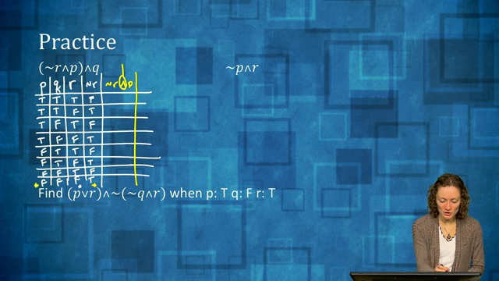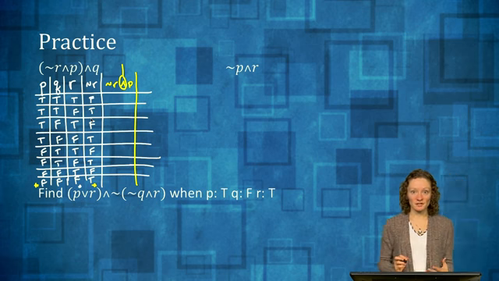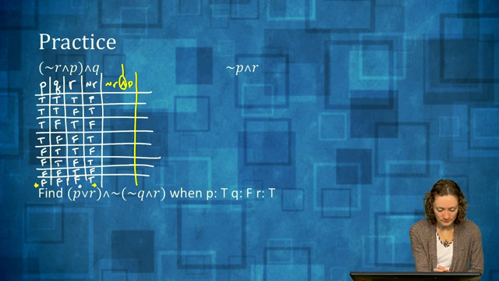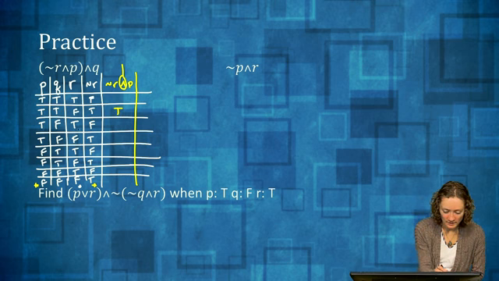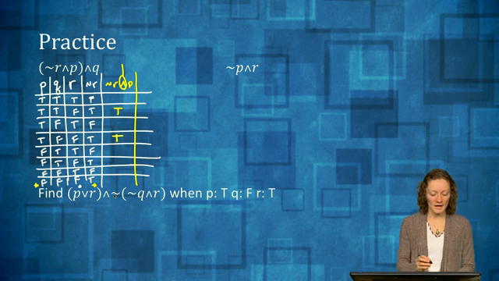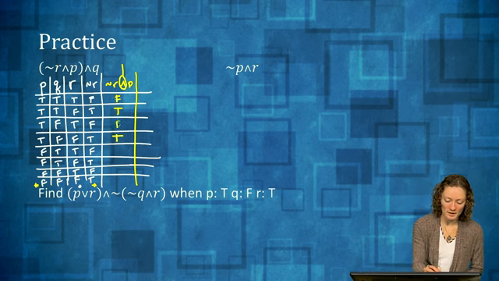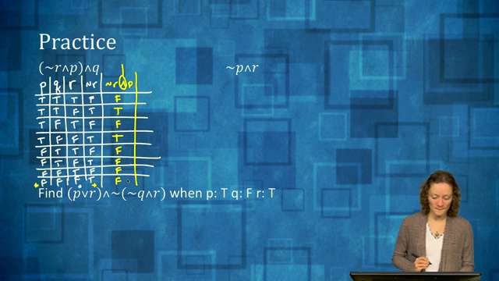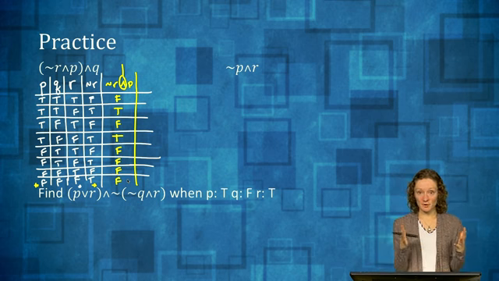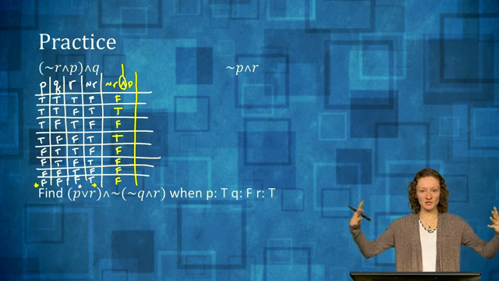So ignore Q and R right now. We just care about P and negation R. Look for that special scenario of true, true. We have that in the second one, and the fourth one, and that's it. Everything else has at least one false involved, so they're false. So that's the parentheses.